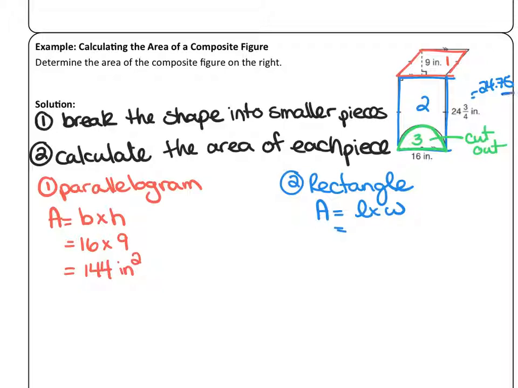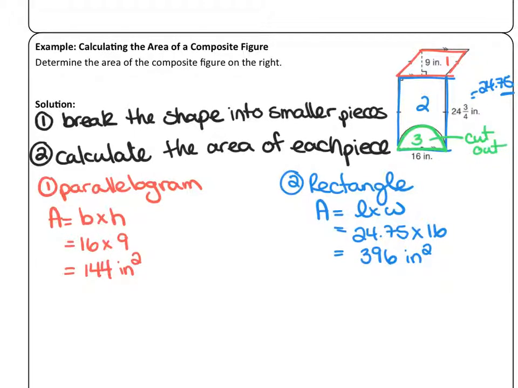So that's where I got the 75 from. So 24.75 inches, and our width is 16. We'll just multiply those two together. 24.75 times 16 gave me 396. And again, this is inches squared.